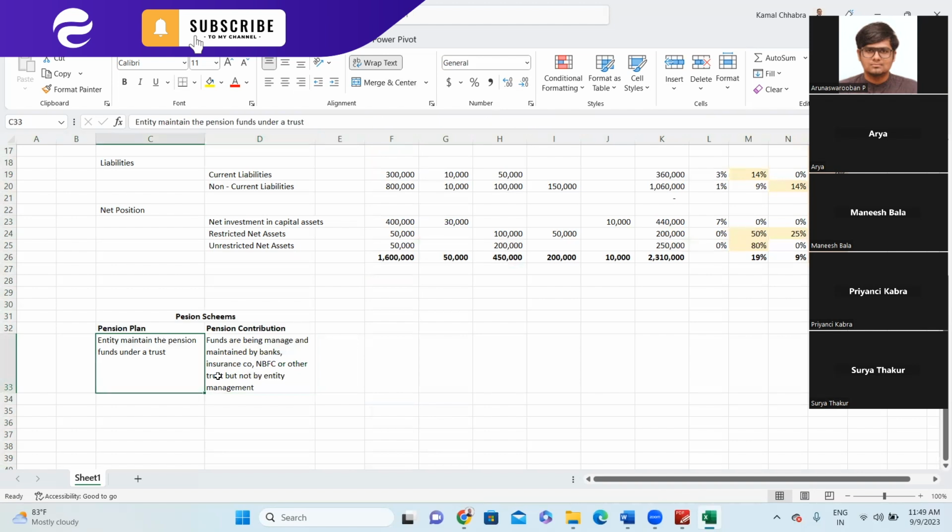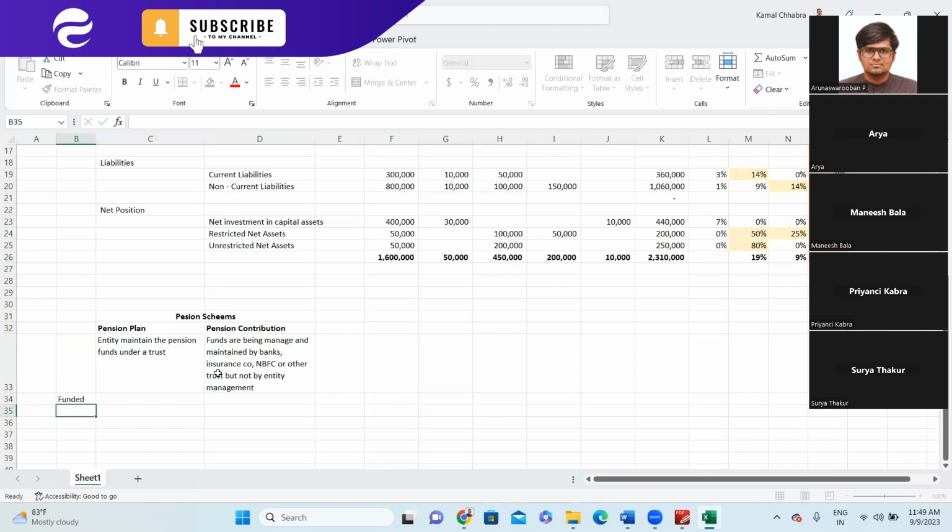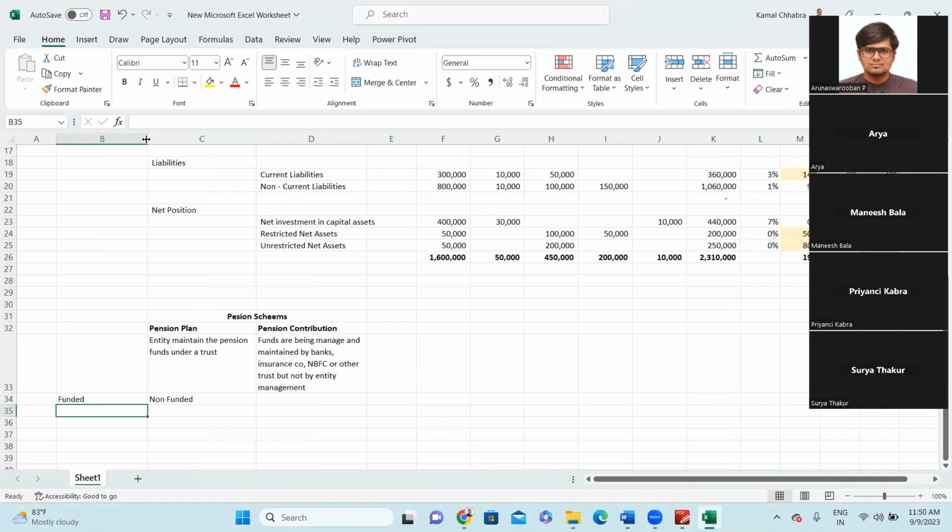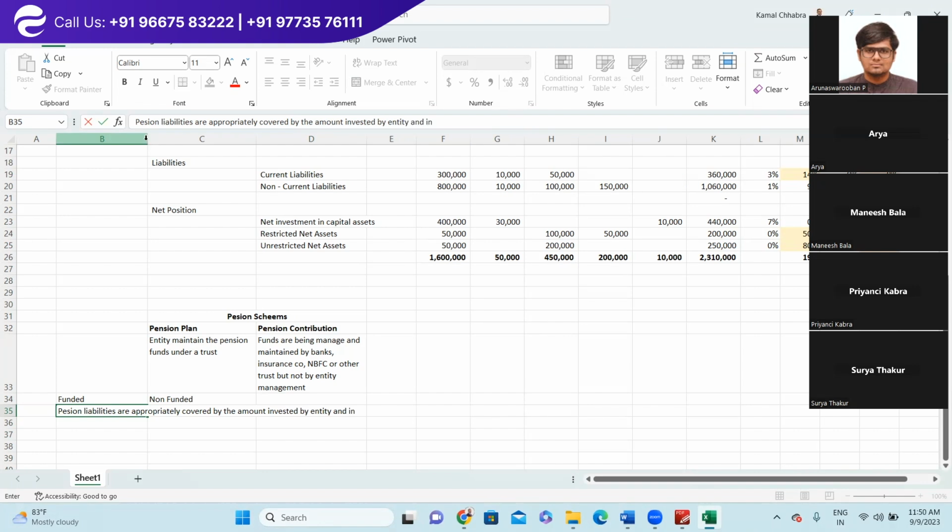No, sir. Right? In the pension plan, again, there are two types. One is funded and the second is non-funded. Funded means pension liabilities are appropriately covered by the amount invested by the entity and the interest or dividend earned by the entity on funds.